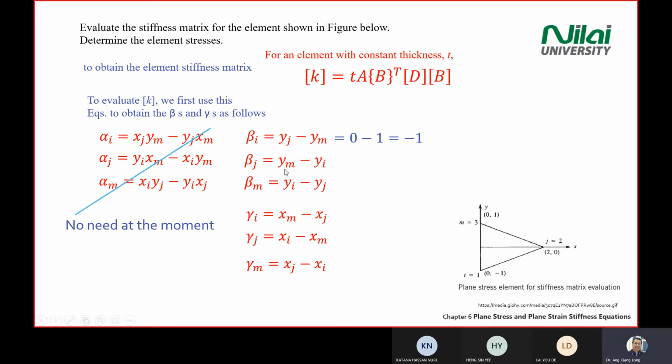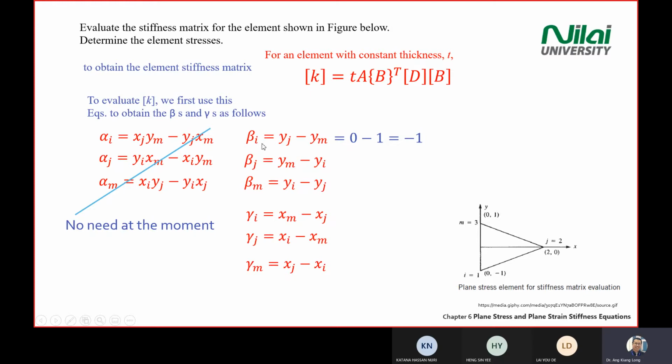So Katana, what is Ym according to this diagram? Is it 1? I asked you to calculate beta J. What is the answer for beta J?